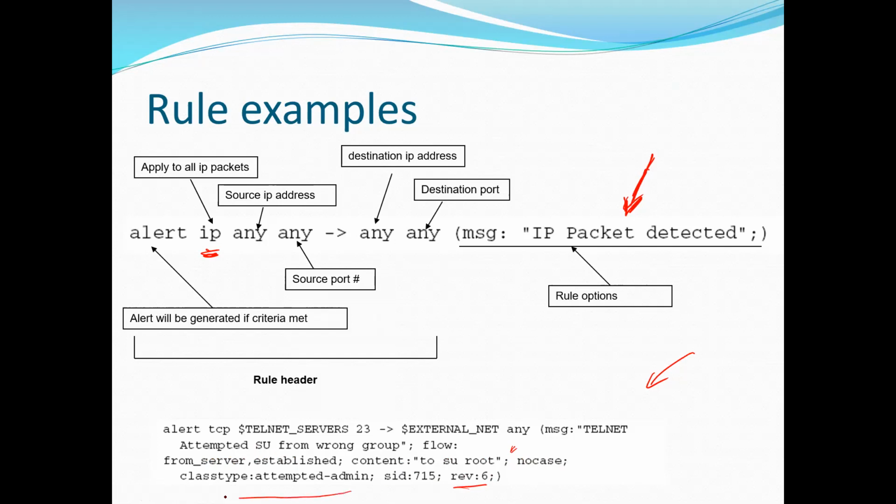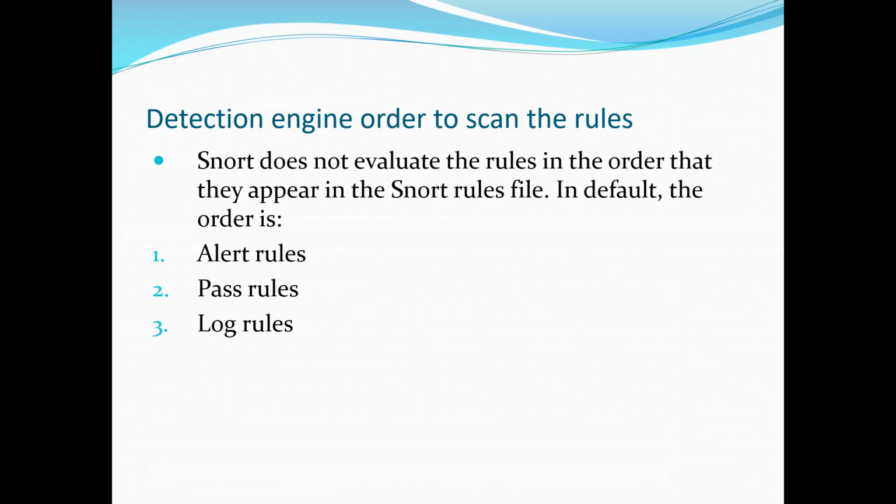A lot of these things get into the specifics of the signature. So obviously, if you want to trigger this signature, you have to create a packet that has all of these parameters, because it has to be an exact match. Okay, so that's just some examples of how it works.